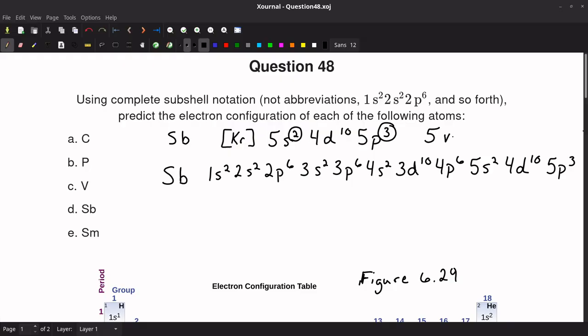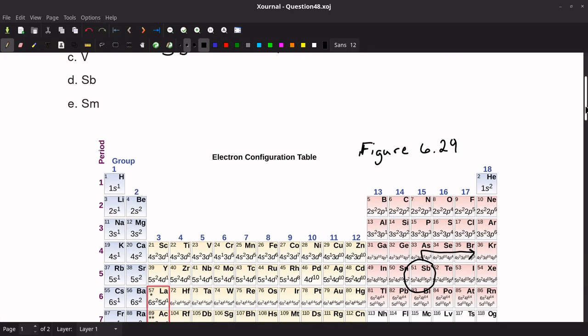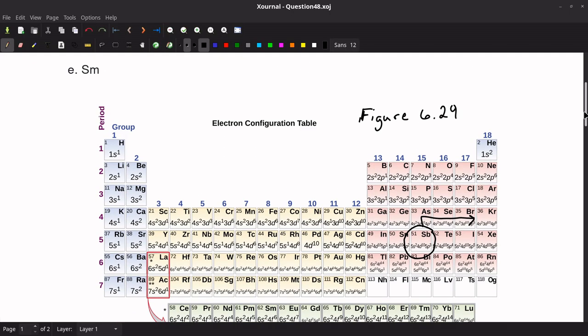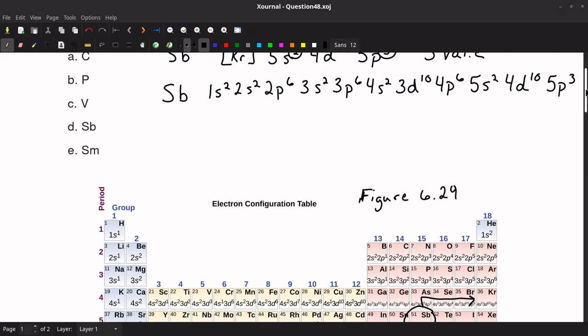This guy's going to have 5 valence electrons. And I think we might start to notice a pattern here. P had 5 valence electrons, antimony had 5 valence electrons. In fact, nitrogen's going to have 5 valence electrons. All of the species in this column, this group, are going to have the same number of valence electrons.